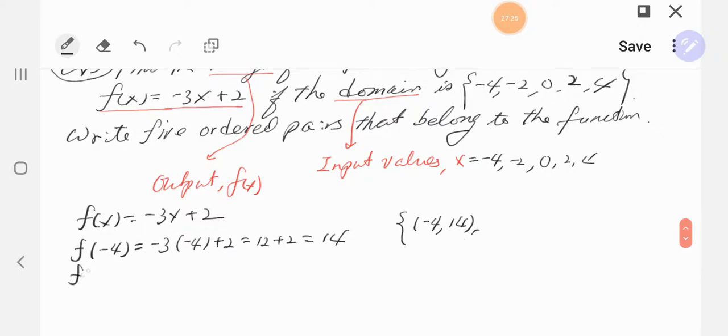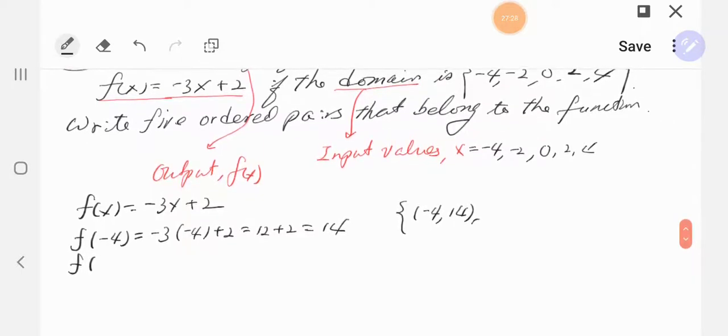Okay, next input is -2. So -3 times -2 plus 2. Then this is 6 plus 2, which is 8. So -2, then y value is 8.